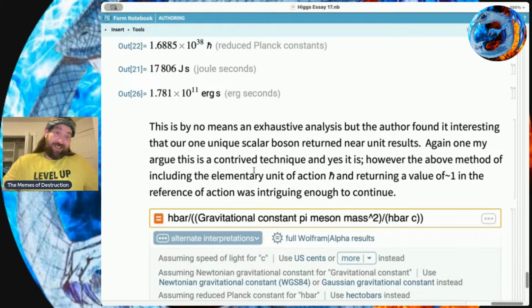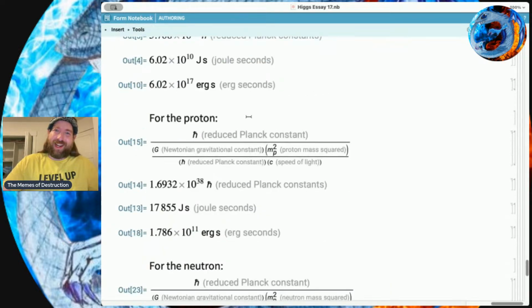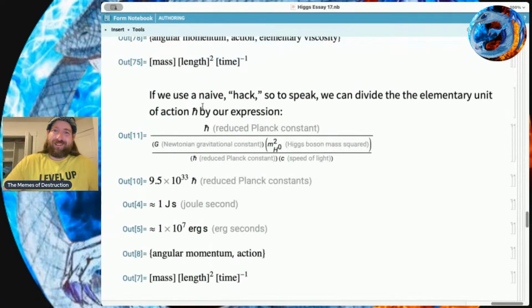You use the elementary unit of action, and it outputs basically the reference of action. Why? Because when you do it here, Higgs mass squared, we got our big G there, h bar on top, h bar on bottom, and c on the bottom too. It outputs approximately 1 joule second and 10 to the 7 ergs.